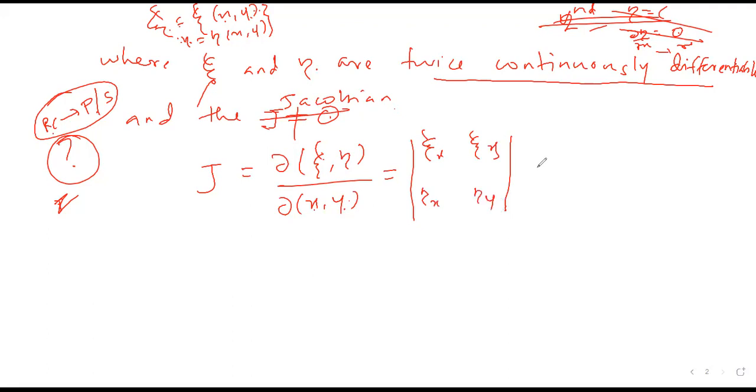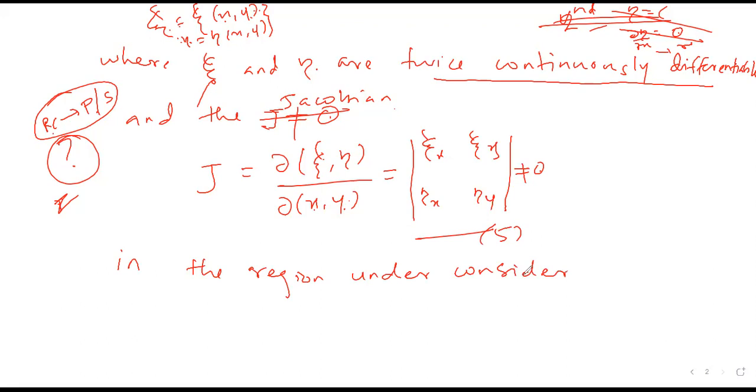It should be not equal to 0. Then only can I do the transformation. You can write this as equation number 5, in the given region under consideration. It should be satisfied in the region that is given.